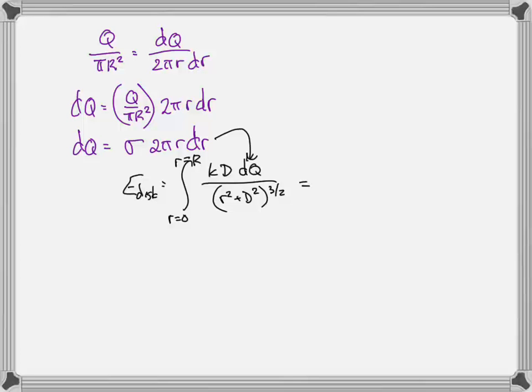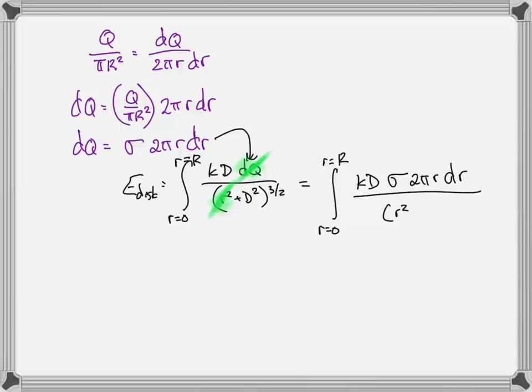Remember the problem here is that we've got the variable r and the integral variable dq, so we had to relate them. That's what we're doing here. We can now integrate from r equals 0 to r equals R, k d dq, which is sigma 2 pi r dr, over r squared plus d squared to the 3 halves.